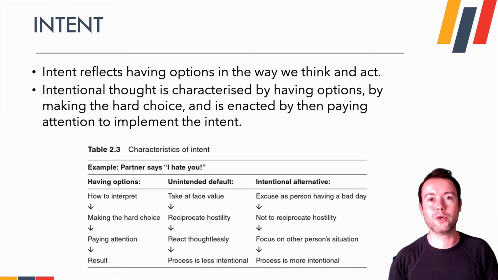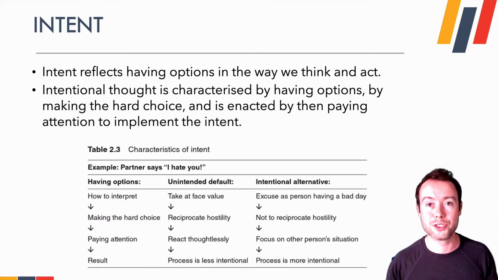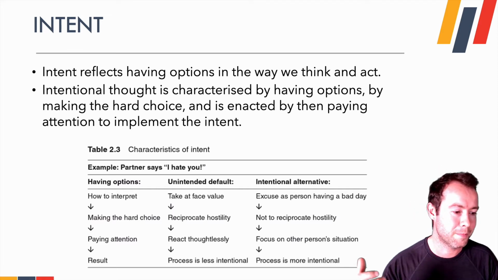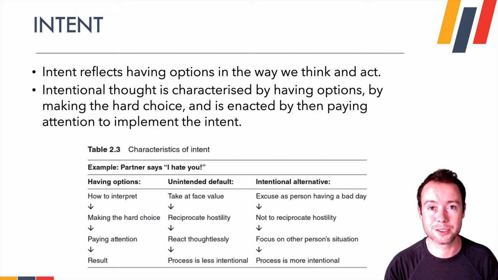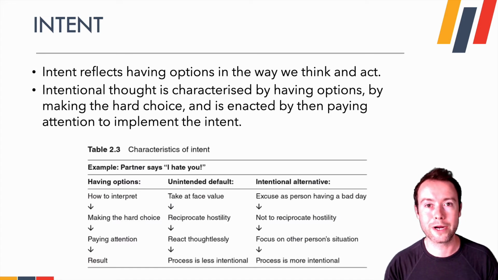We can then choose in the way that we respond to perhaps not reciprocate the hostility. So this could be saying nothing, or we could inquire more about them. And then we can pay attention to the situation. So we can invest some effort into trying to understand the other person's situation. And all of these things would reflect a much more intentional way of responding to that kind of hostile behavior from the other person.